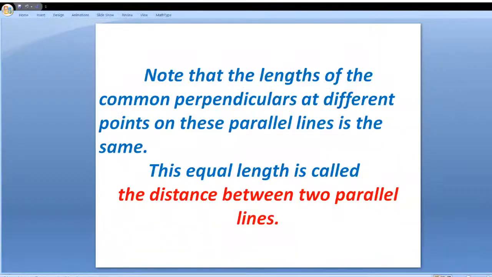So, what is the meaning of this? Length of the common perpendiculars at different points on these lines is the same, and it is called the distance between two lines. Okay.